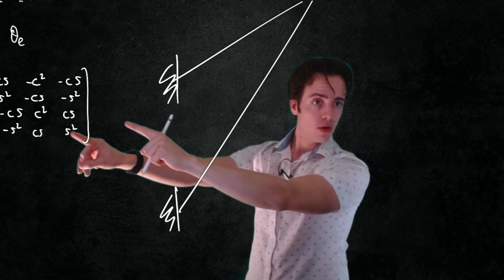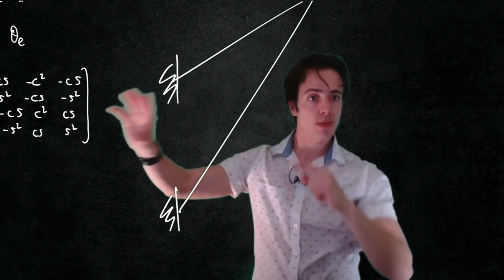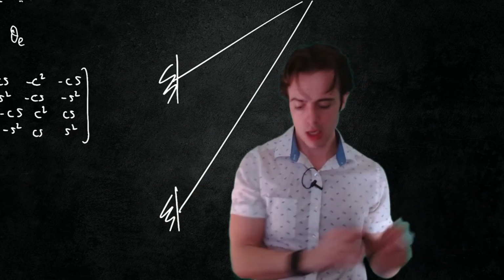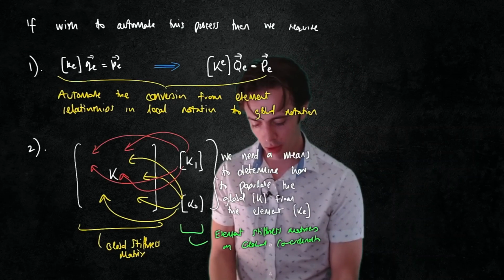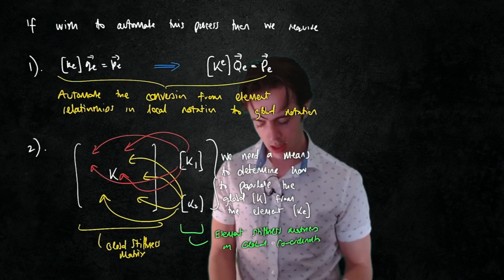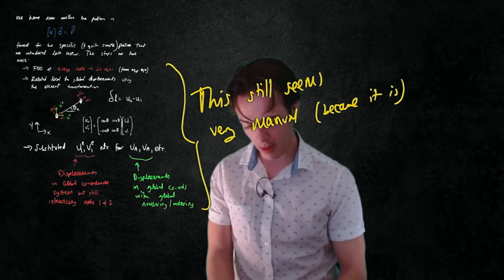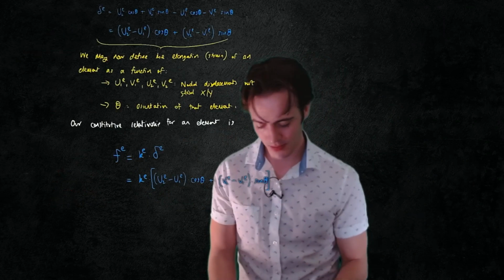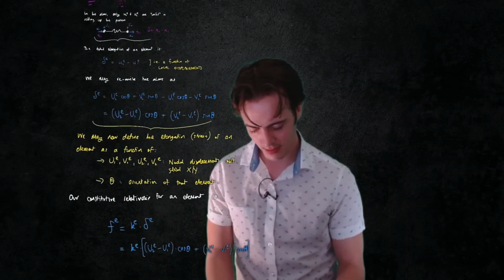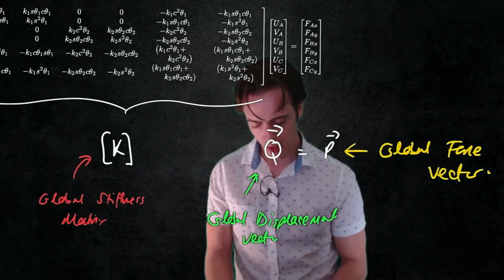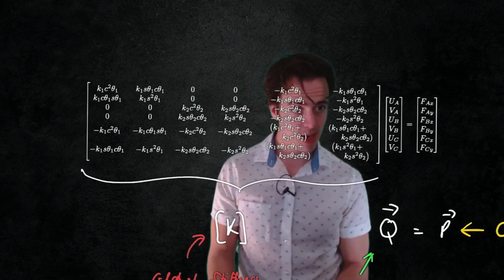We don't yet know how we take these different parts of them and how we populate them into the global problem. Because remember, for the global problem, we've got a 6x6 matrix, okay?